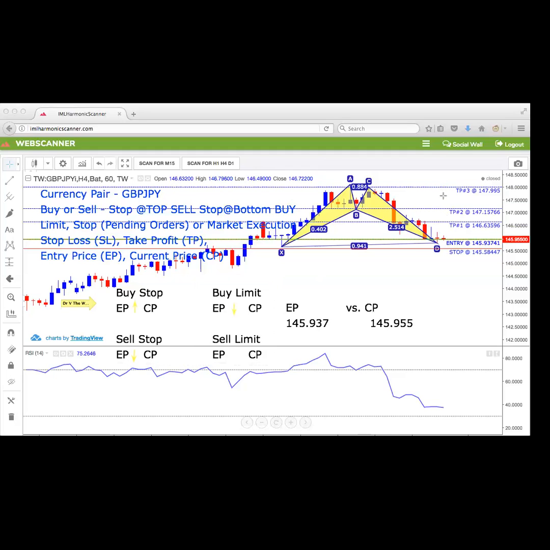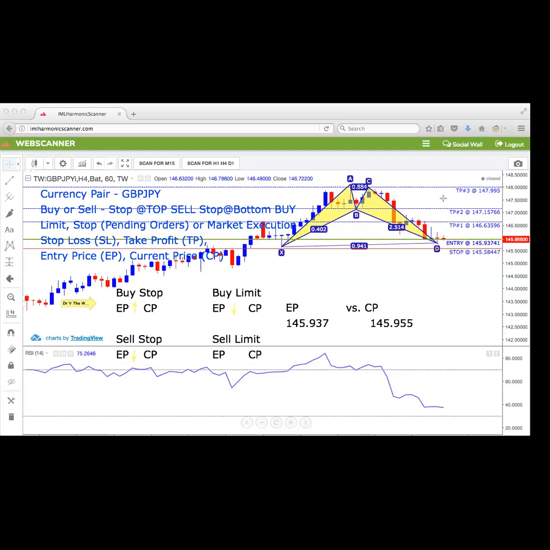You're going down, you hit that entry price, and then you go on down. Sell stop. You're going to stop on your way down and activate. Buy stop, you're going to stop on your way up and activate.